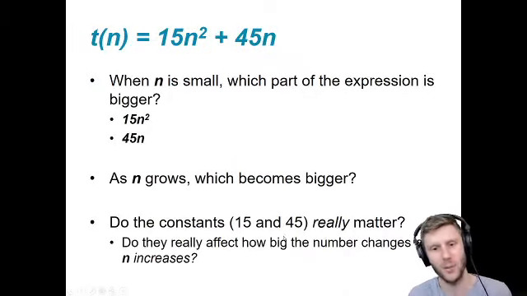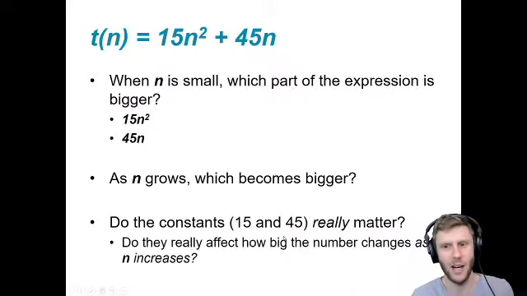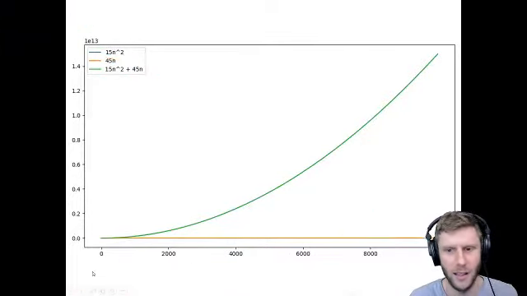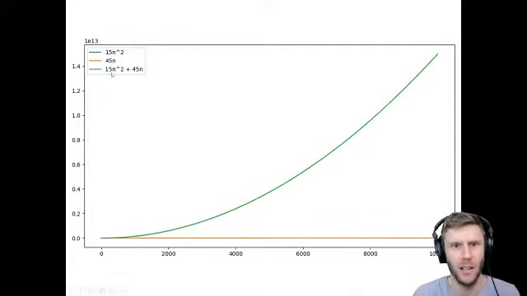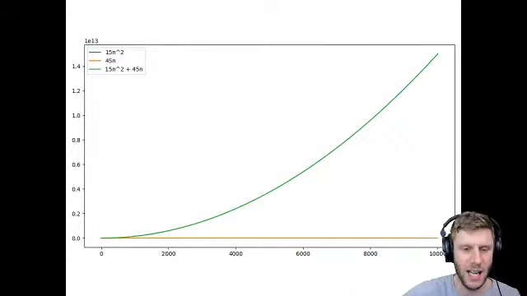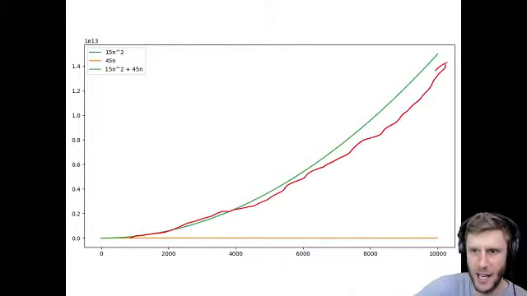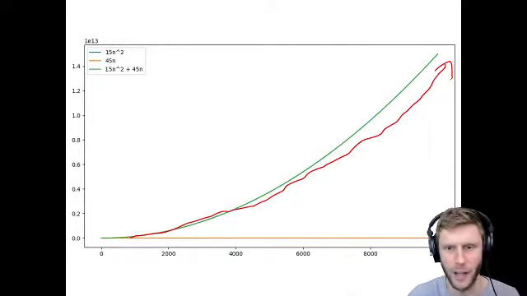And do the constants really matter? Do they really affect how big the numbers change as n increases? This is perhaps a bit of a perception question about the math here. But if I were to draw n squared, 15n squared is going to look just like this one. Forgive my horrible drawing, but it's going to look just the same.